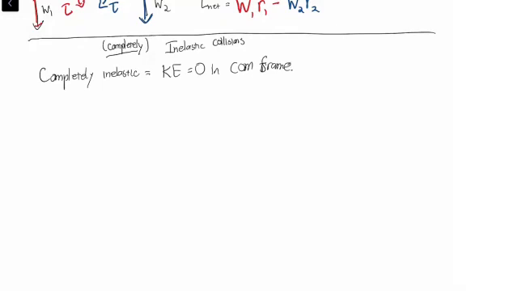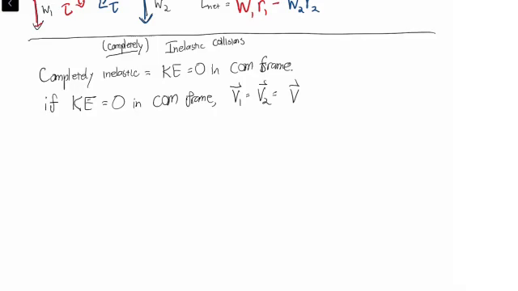Completely inelastic means that the kinetic energy is 0 in the center of mass frame, okay? So in order for the kinetic energy to be 0 in the center of mass frame, the velocity of all the objects in the system must be the same, right?